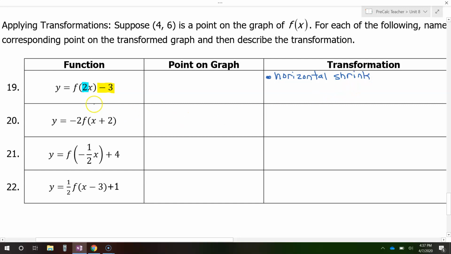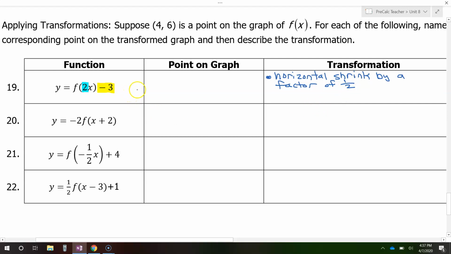Okay, this is a horizontal shrink, and by what factor? By a factor of, and here's where we do the reciprocal. The way it is a shrink is because the reciprocal of 2 is 1/2. So it's going to be shrinking by a factor of 2.